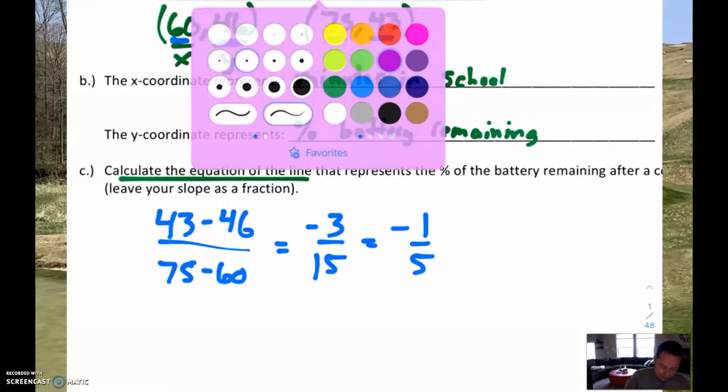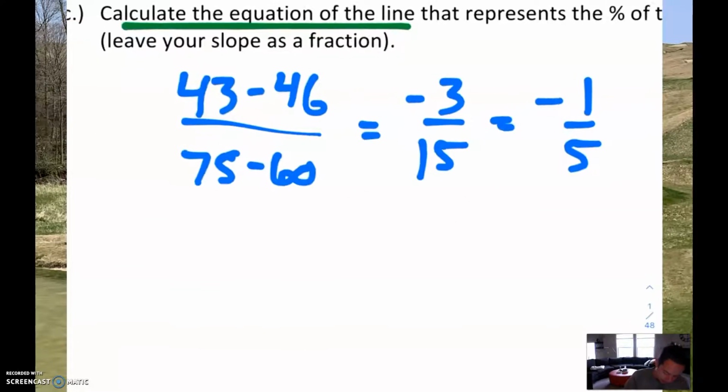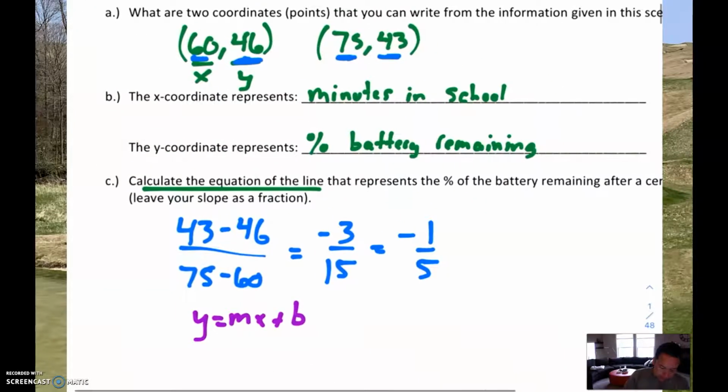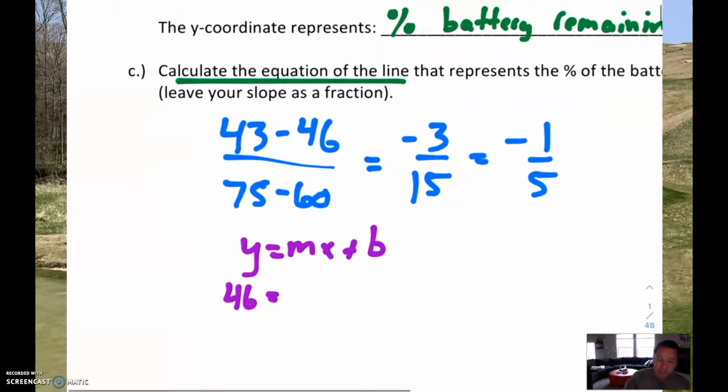Let's go on to the next part. And we have to find the y-intercept now. So we're going to use y equals mx plus b. And we can pick either of these 2 points. So I'm just going to pick this one, the 60 and 46. So for the y, I'm going to replace it with 46. M represents the slope.